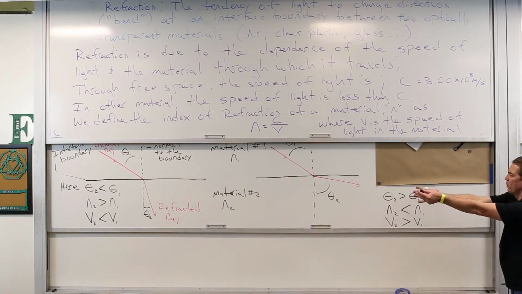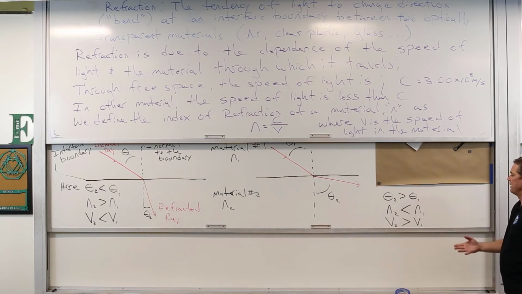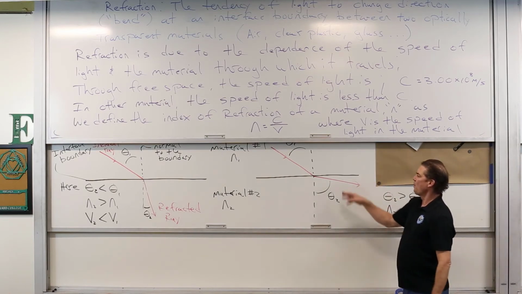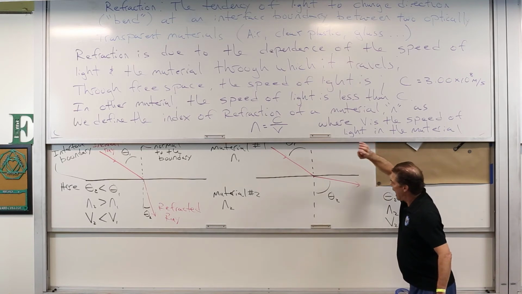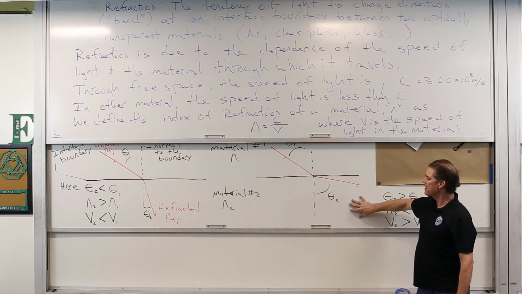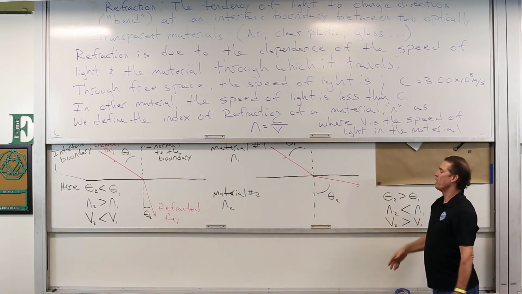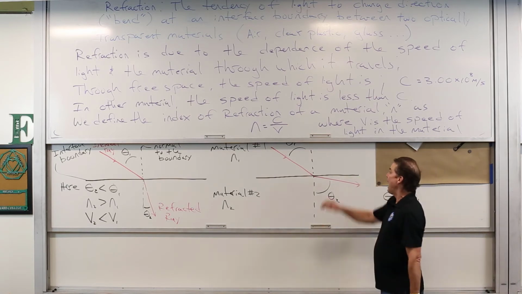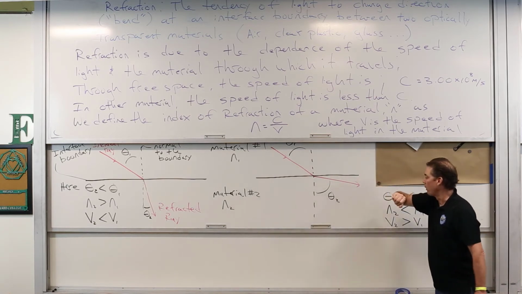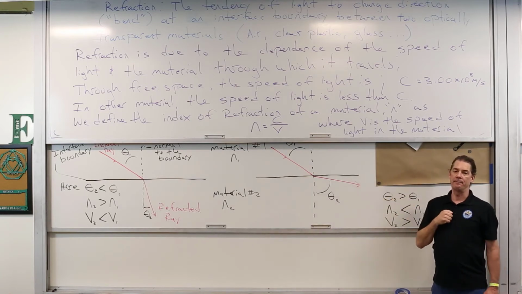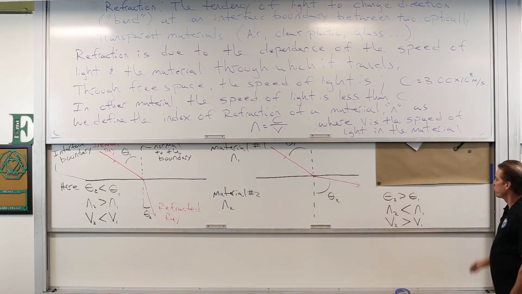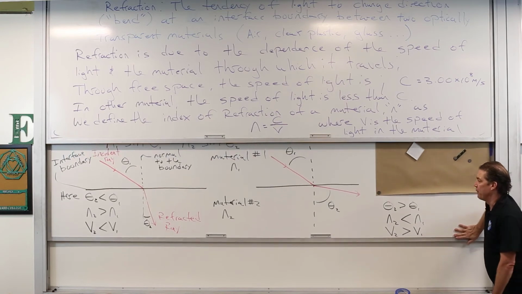This is just the opposite correlation we had on the other side. If we bend away from the normal, we are going from a higher index into a lower index, which also means that we're going from a lower speed into a material where light has a higher speed. Those are two main things that happen regarding refraction.